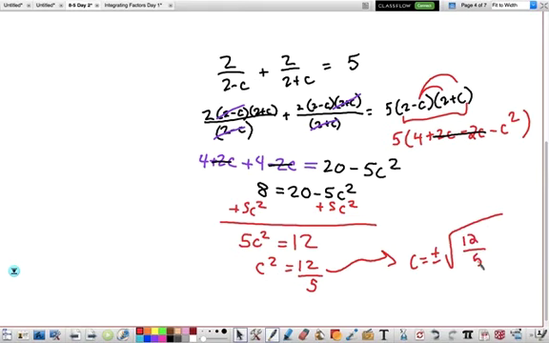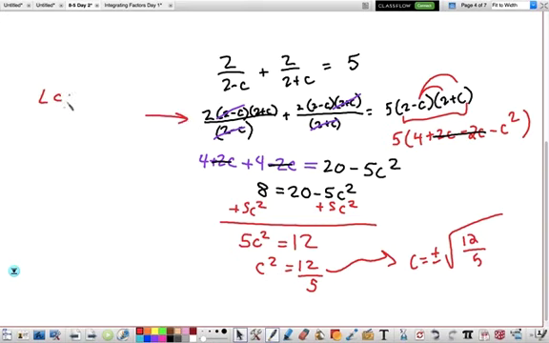So look at all those steps and tell me if there's anywhere where you're having trouble. Maybe you're sleeping, maybe you're tired, didn't catch something. Let me know. Happy to help. Okay? So when you're going to multiply everything so that you can cancel the denominators, how do you know to do 2 times 2 minus c, plus 2 times 2 plus c?